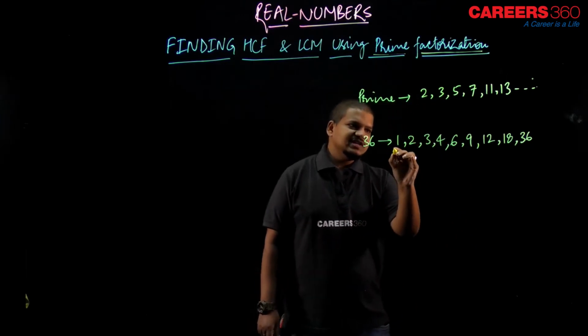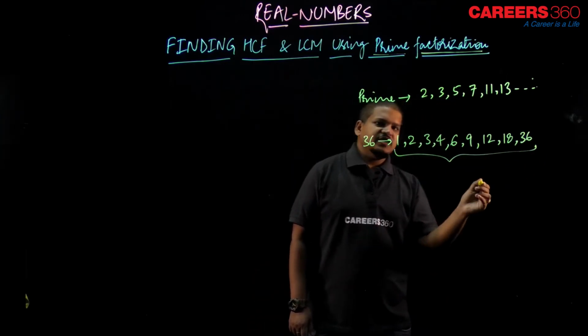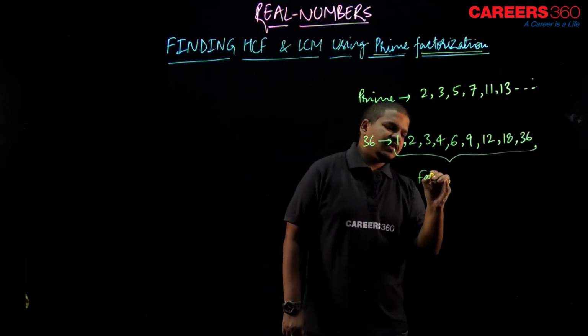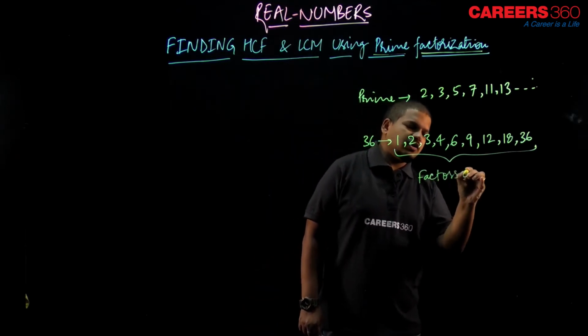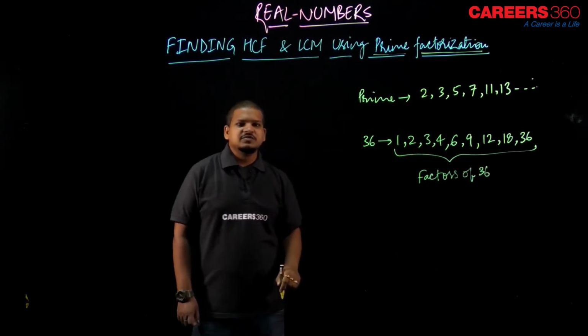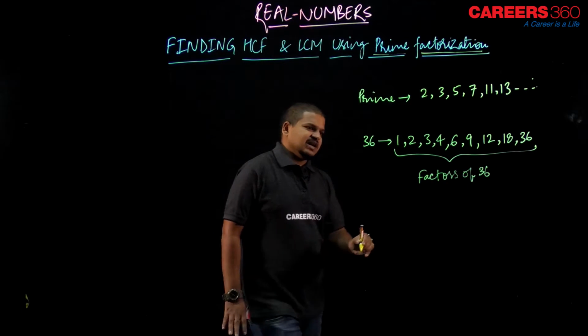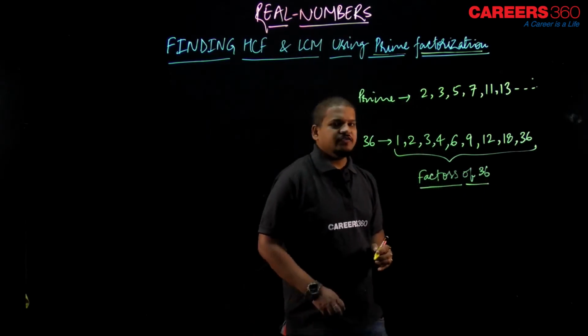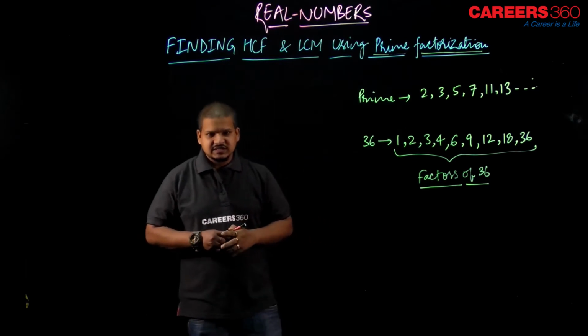So these are the numbers which are going to divide 36. They are the factors of 36. I hope this makes sense to you, right? These are the factors of 36.